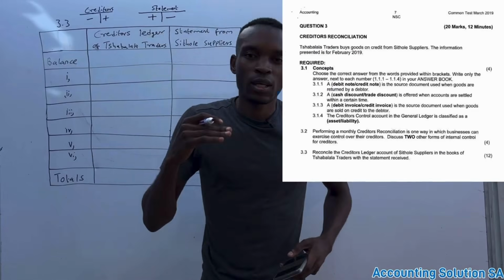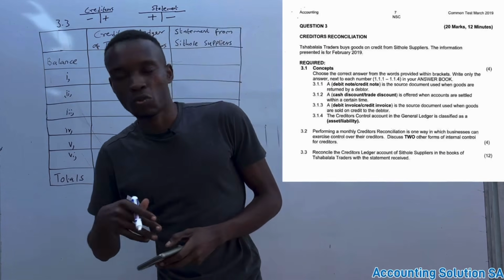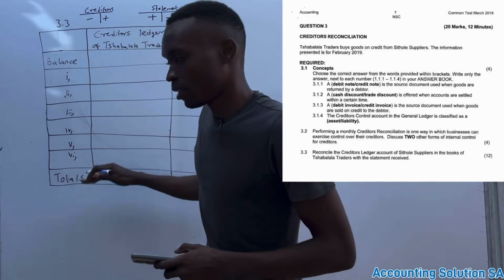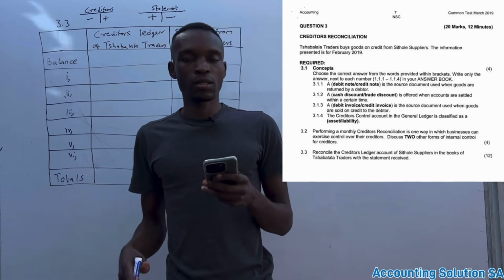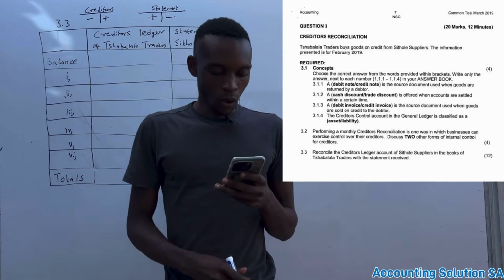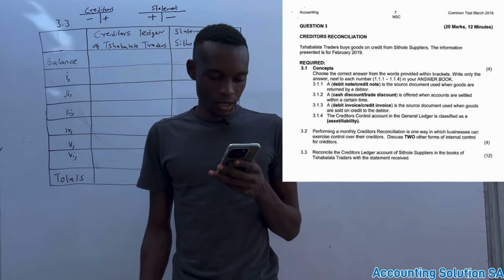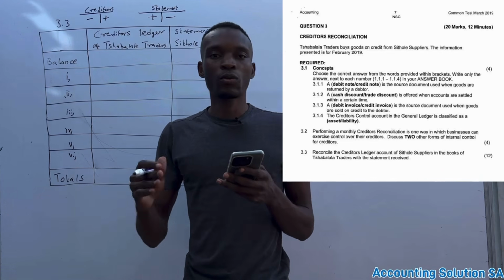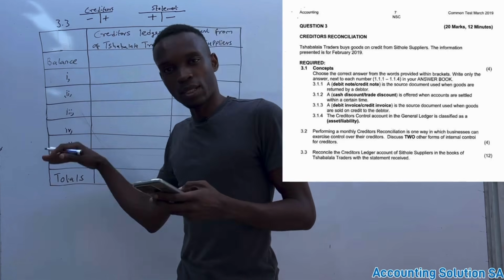We are going to discuss a creditors reconciliation statement. This is the format that we have been given according to this question paper that was written in 2019. So it was a common test. As you can see on the required part, we are only looking for 3.3, which is the creditors reconciliation statement.